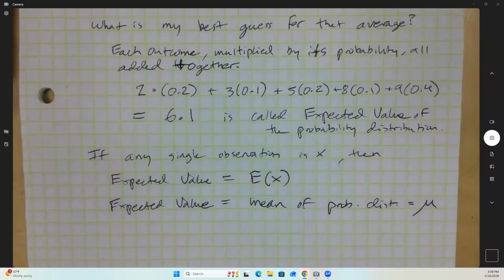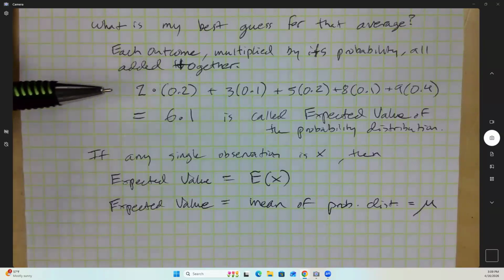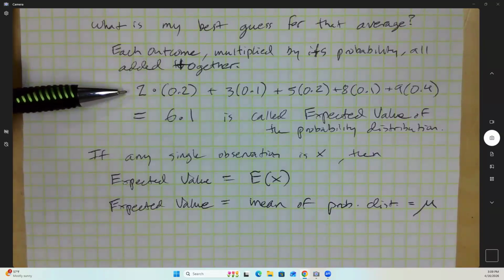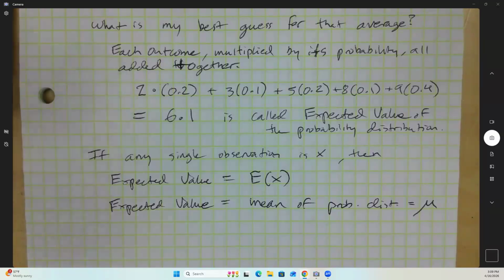Using our Greek letter mu, so you might see mu. And in fact, this process for calculating it is completely analogous to how you calculate the mean of a sample of data. It's basically adding up all the observations and dividing by the total.